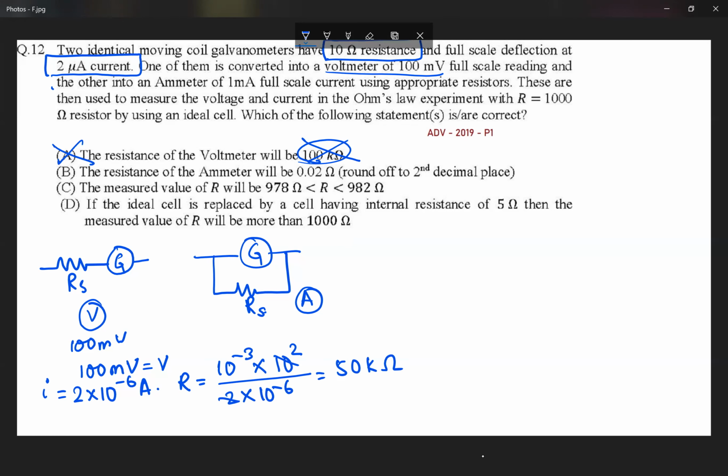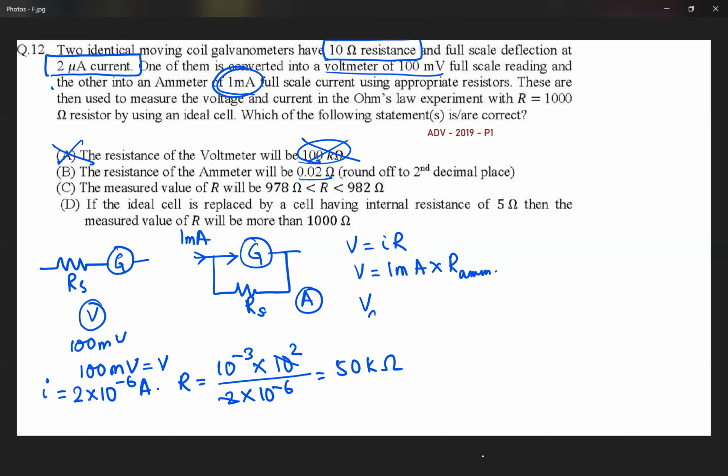The resistance of the ammeter will be 0.02. Let's check for here. The ammeter should have a full scale reading of 1 milliampere. So if you provide 1 milliampere to the entire ammeter, what is the potential difference across the ammeter? V is equal to IR. So the potential difference will be 1 milliampere multiplied by the resistance of the ammeter. At the same time, the current through the galvanometer should be equal to 2 microamperes.